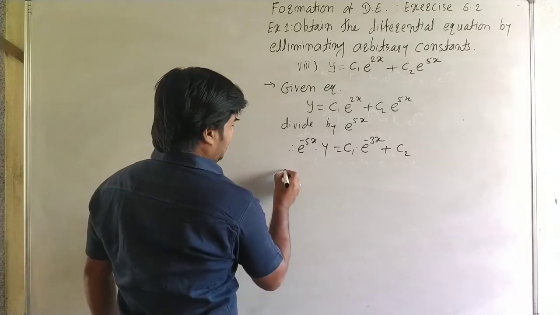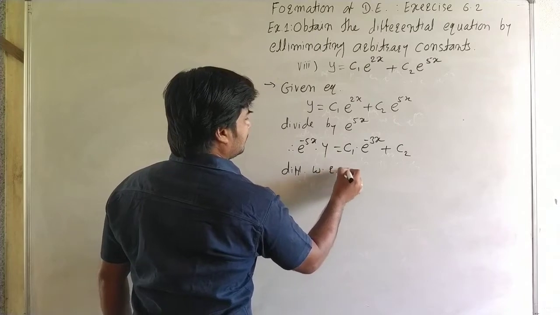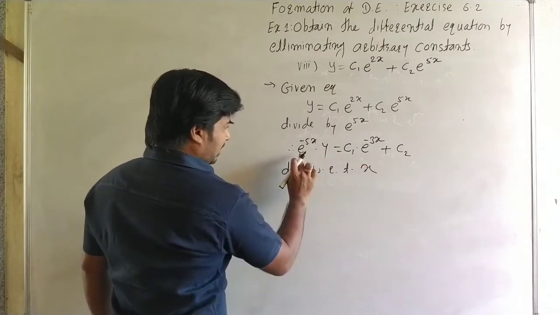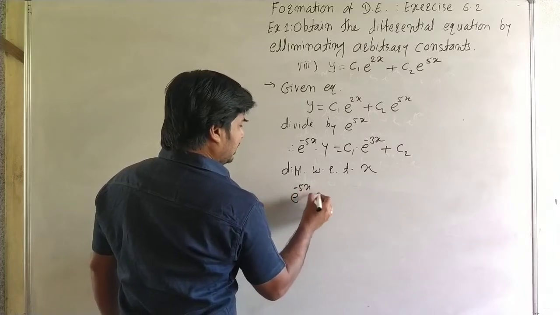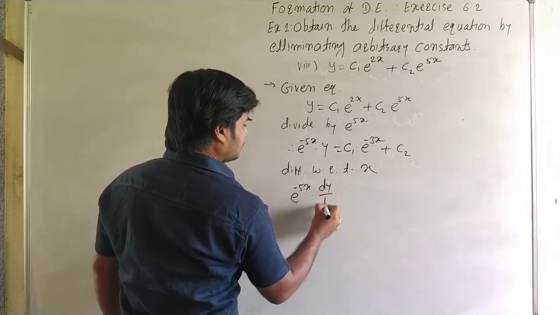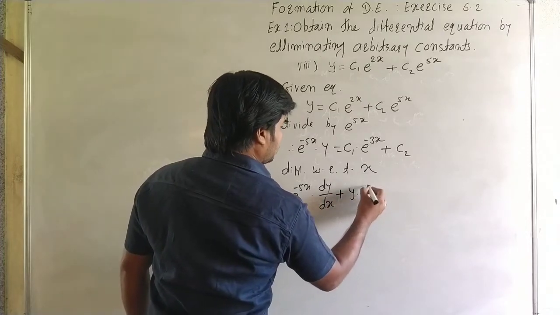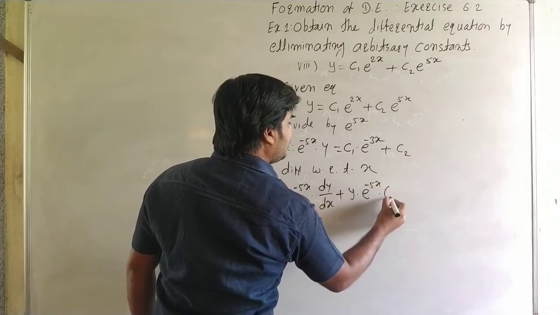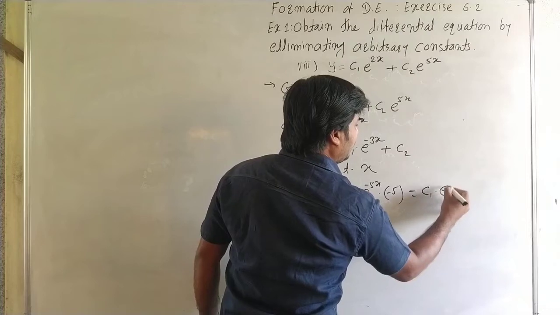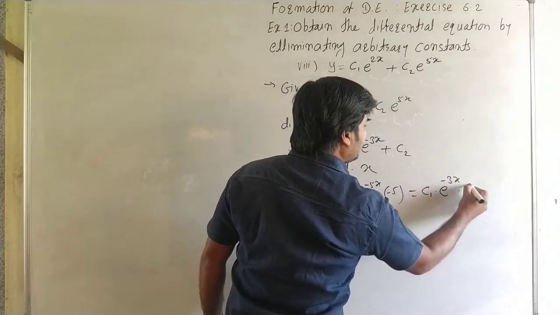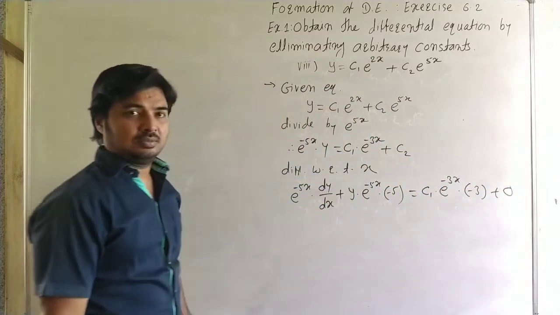Here differentiate with respect to x. Here u into v: first as it is into derivative of second, plus second as it is into derivative of first, that is e to the power minus 5x into minus 5, is equal to c1 into e to the power minus 3x into minus 3 and plus 0, as c2 gets cancelled.